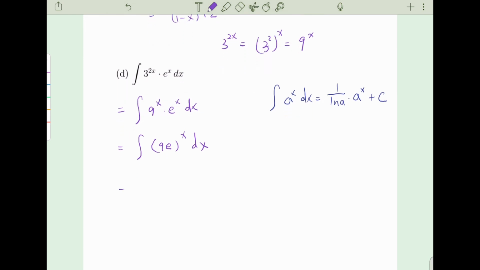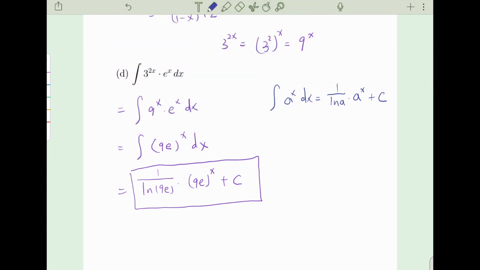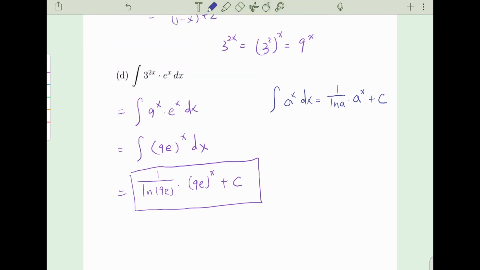So this is going to be 1 over ln of 9e, times (9e) to the x, plus c at the very end. After we finish this, we can take the derivative of this answer to see if it goes back to the original expression. That is a way to verify this. Okay, so that is question D here.